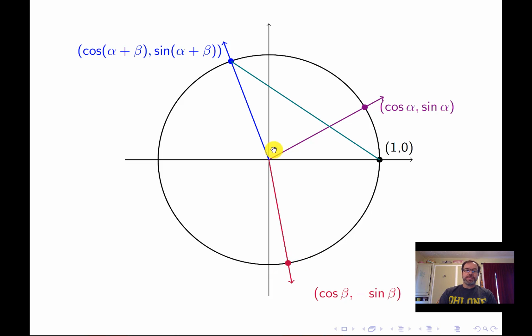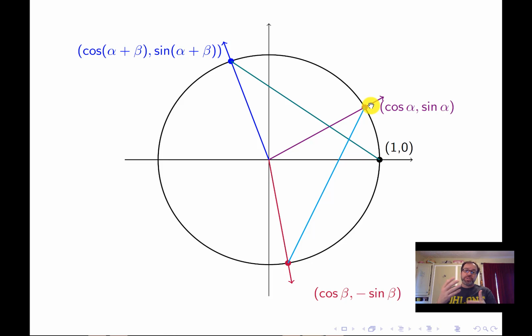That is, this line right here would have to be the same length as this line right here. Basically I've taken that angle of alpha plus beta and rotated it around so that the distance between those points would always end up being the same.